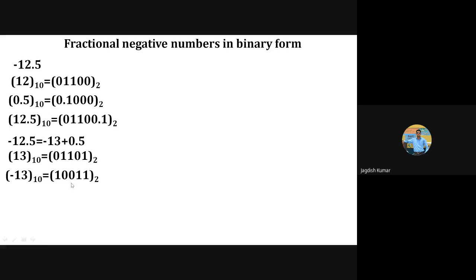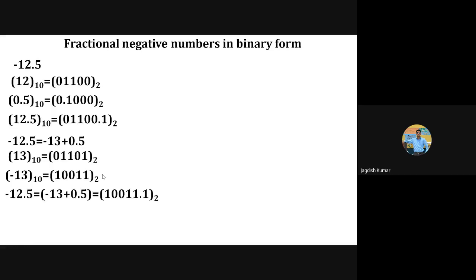Or if you follow yesterday's rule, if the least significant bit is 1, keep it as such, and then invert everything else. So this is 1, this 0 became 1, these two ones became two zeros, and this became 1. So this is what is minus 13.